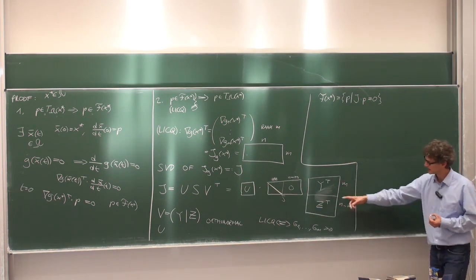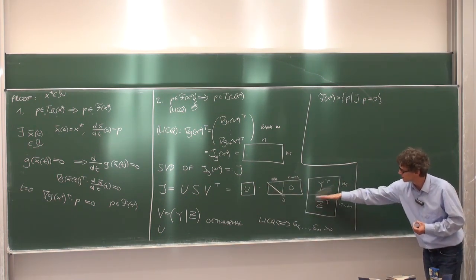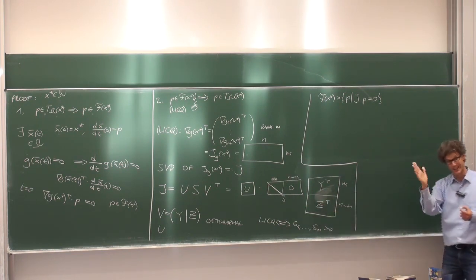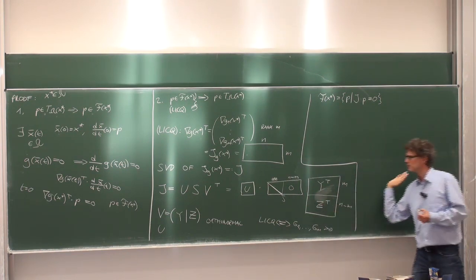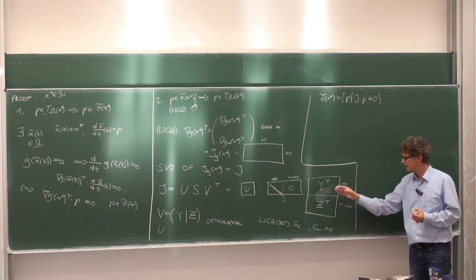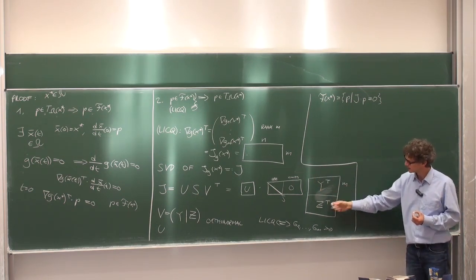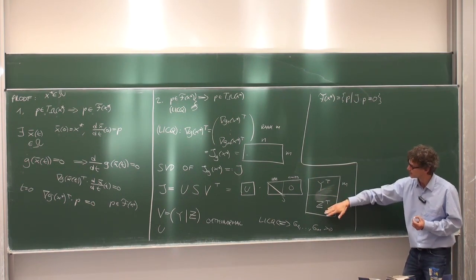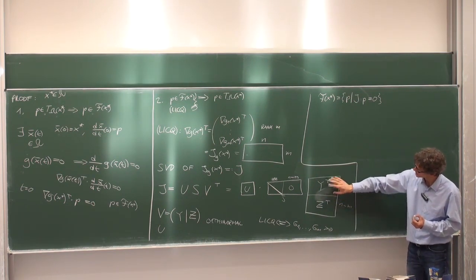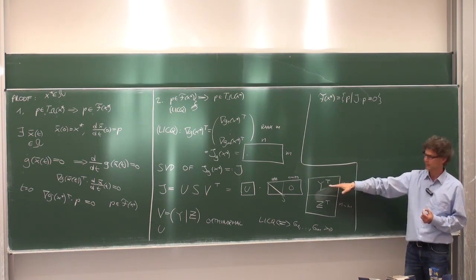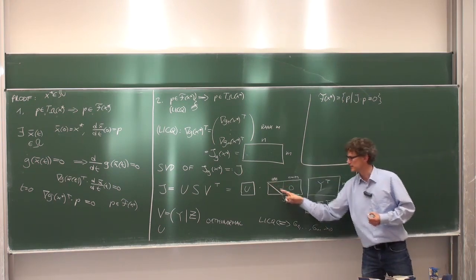So anything that is a linear combination of the columns of Z will give 0. On the other hand, everything which is not in the columns of Z, which will be on the other part of the space, will be in Y. And that will survive because these are all positive.